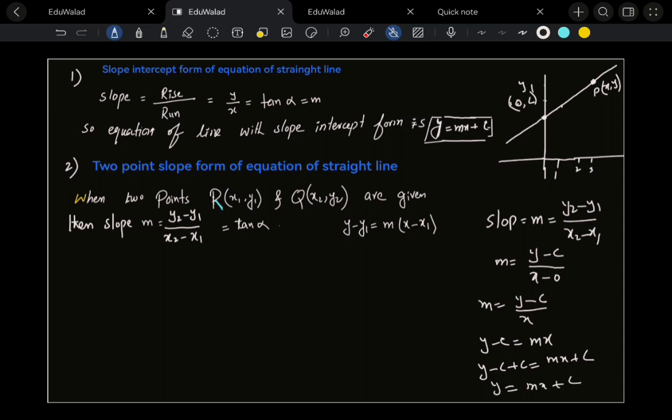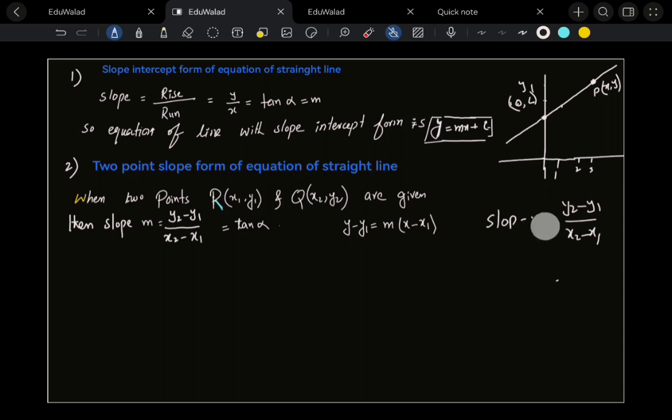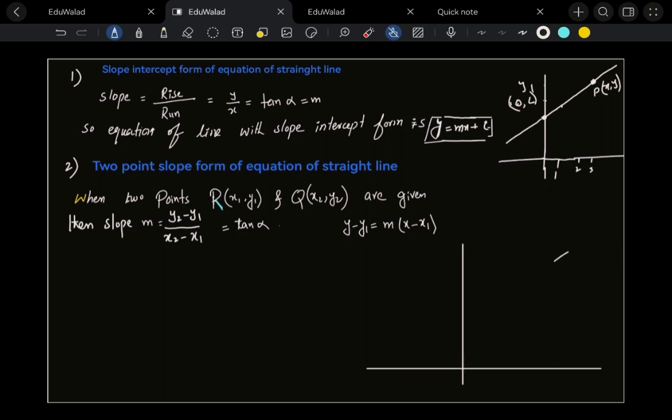So this is why we get the slope intercept form of equation of straight line. Now move to the next, the 2-point slope form. When we have 2 points on the slope, this is our slope.